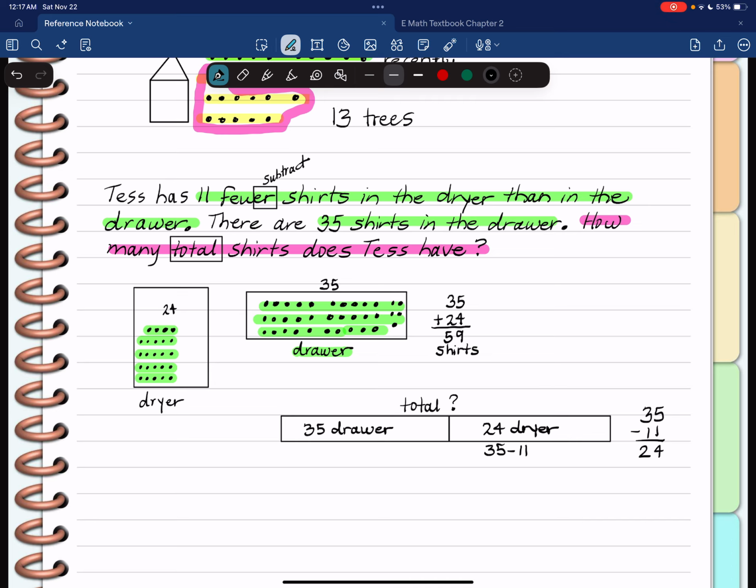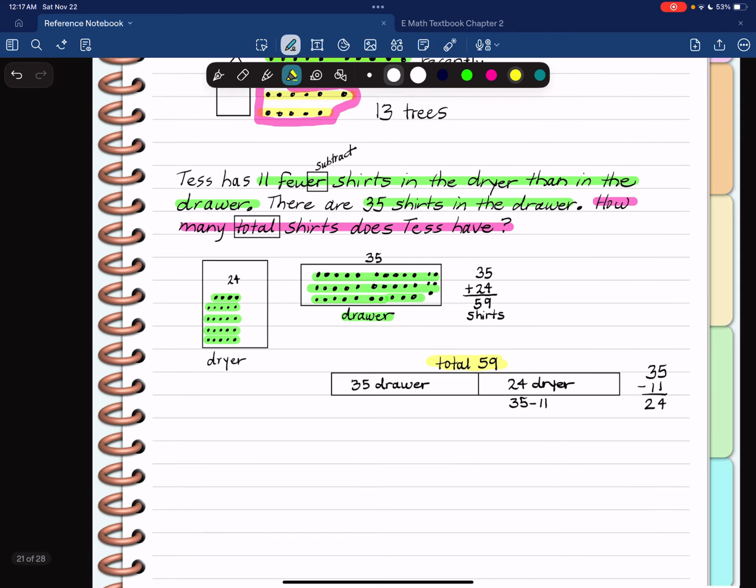And then to get that total, we had to add the 35 and the 24 to get this number, which is 59. And that actually answers the question. We're looking for the total number of shirts that she has.